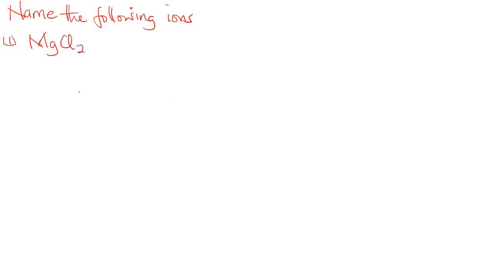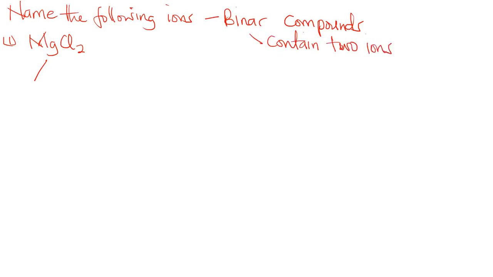For the metal, you just give it the name of the metal. So I'll start with binary compounds. You need to know the definition of binary compounds. Binary compounds contain two ions. Contains only two, not just two ions, but two types of ions.